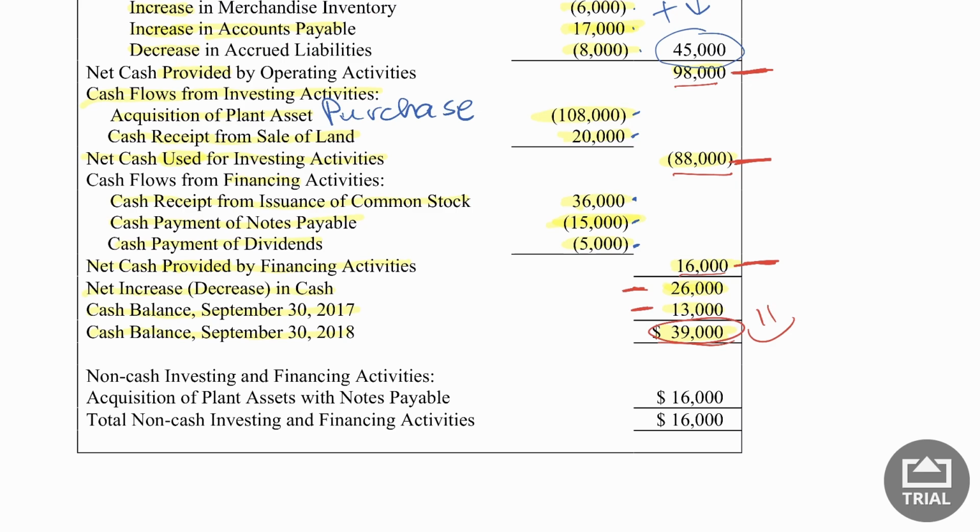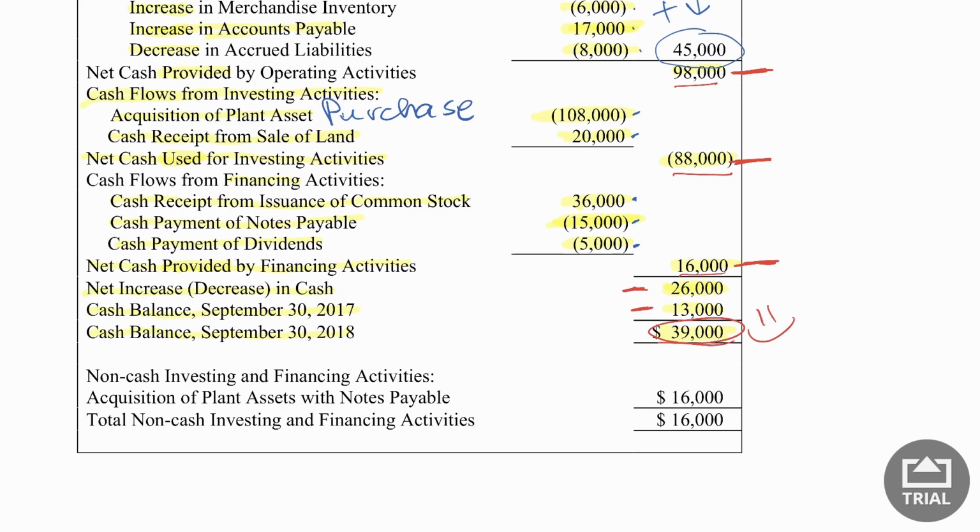But we do have one more thing, because it did tell us in the instructions to include a separate section for our non-cash items. If you remember, back up in additional data A, it said that we acquired plant assets, $124,000. Of this amount, $108,000 is paid in cash and $16,000 by signing a note payable.